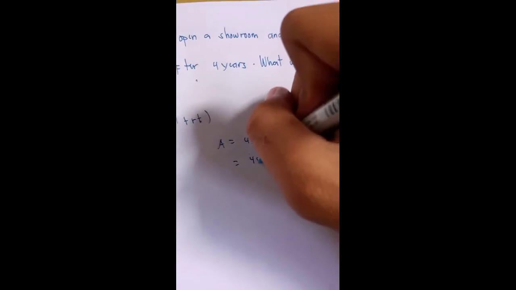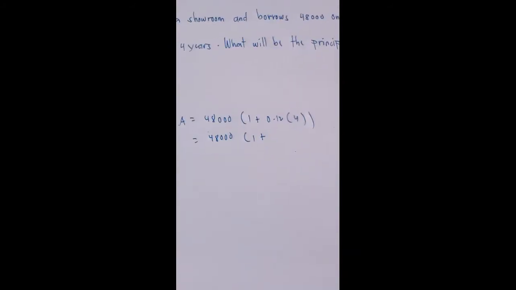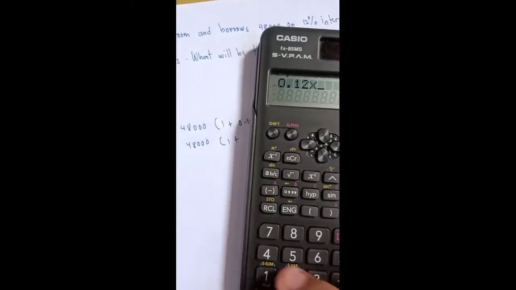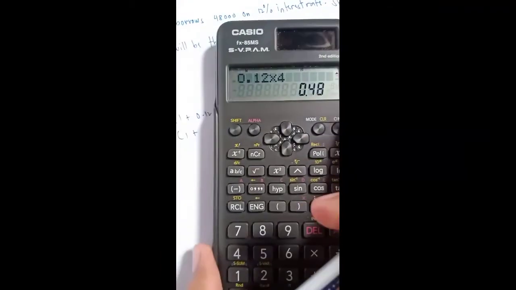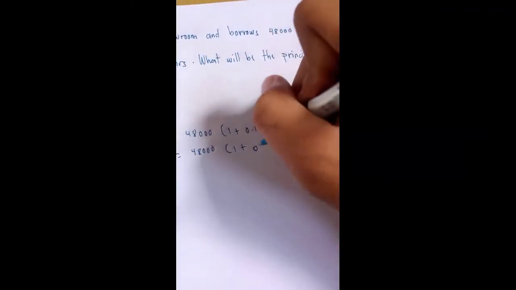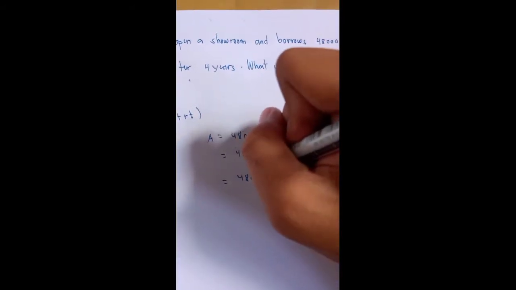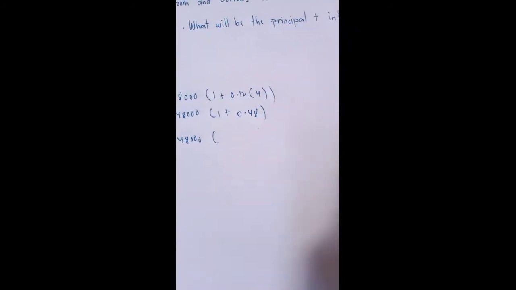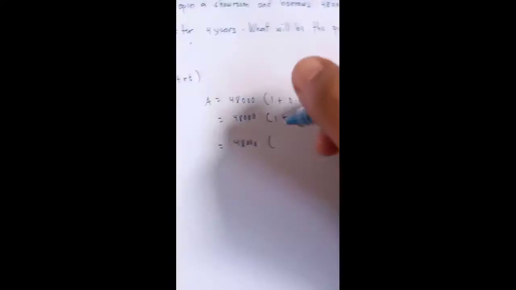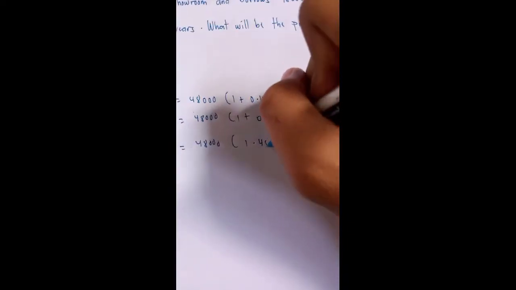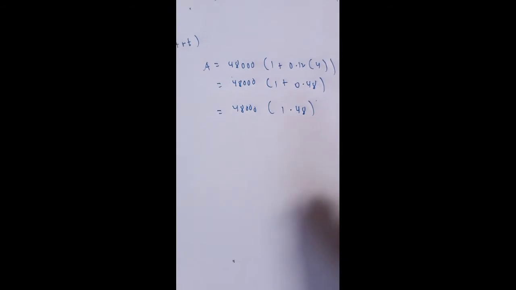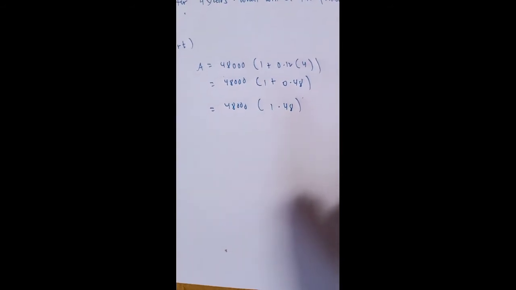So 48,000 times 1 plus 0.12 times 4. 0.12 times 4 is 0.48. Add this 1 plus 0.48, and that will be 1.48. And then multiply 48,000 times 1.48.